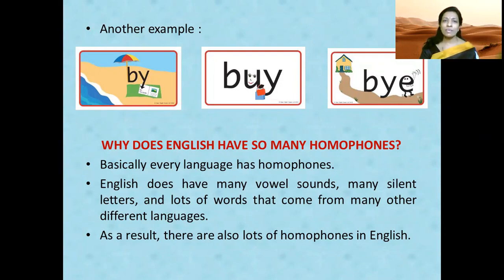English language seems to be very complex because it has many vowel sounds, many silent letters, and a lot of words which come from other languages, which becomes difficult for the English speakers or learners to understand. Because of these different qualities, English language seems to be very confusing. Therefore, we find an abundance of homophones in the English language.